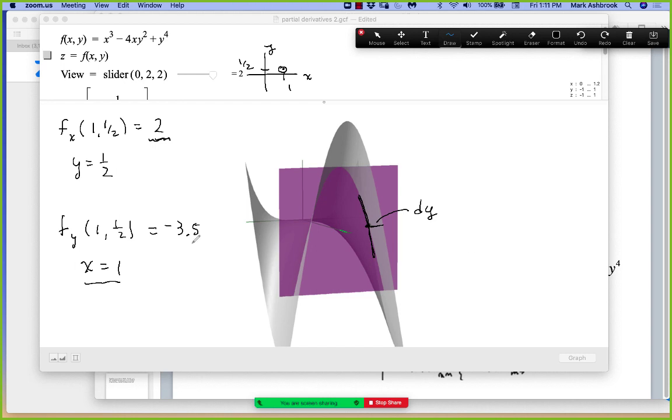So first of all, is our conclusion right? Does z go down? Yeah, as you increase y, z is going down. Negative rate of change, right? Negative rate of change means decrease of our quantity. And then how much does it go down? Negative 3.5 times dy. That's right.